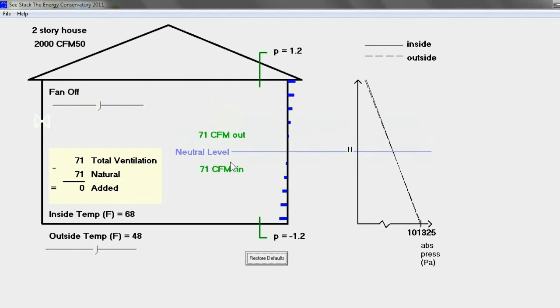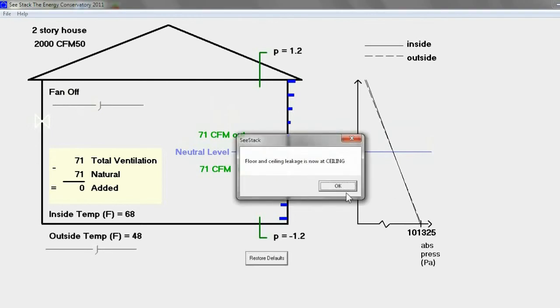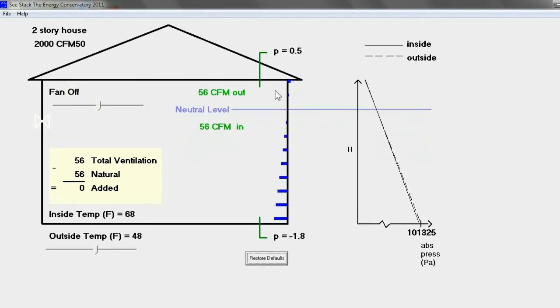The neutral level is also adjustable. As we move the neutral level up, our pressure at the top of the building goes down because our distance from the neutral pressure plane is less, so our pressure will be less. As our distance from the neutral level increases, then our pressure increases.